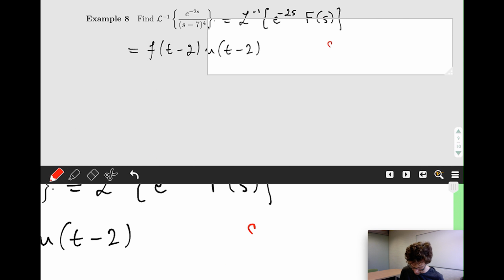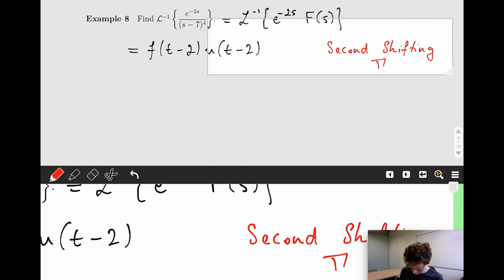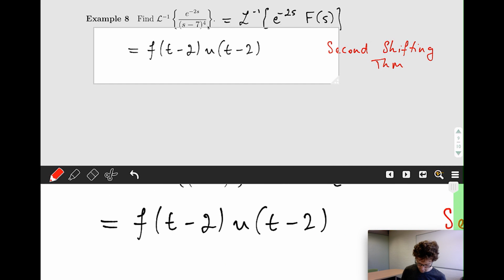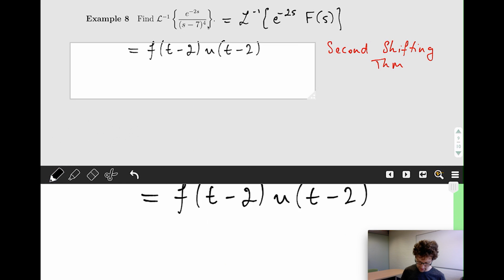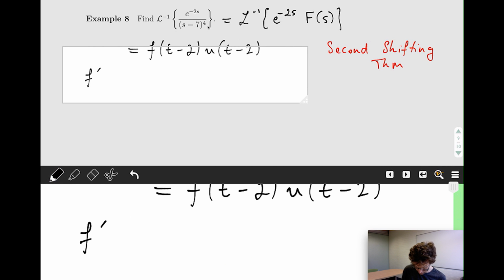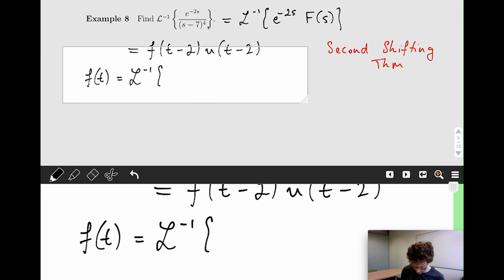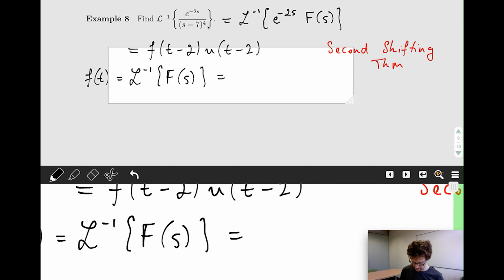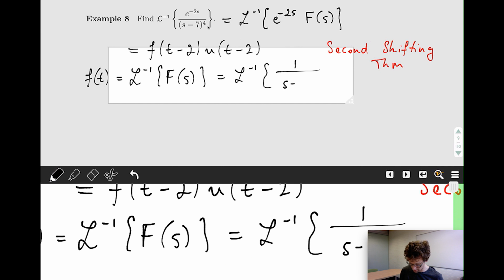So what is f of t? f of t will be the inverse Laplace transform of the function without that exponential in front. So it'll be the inverse Laplace transform of 1 over (s minus 7) to the power of 4.